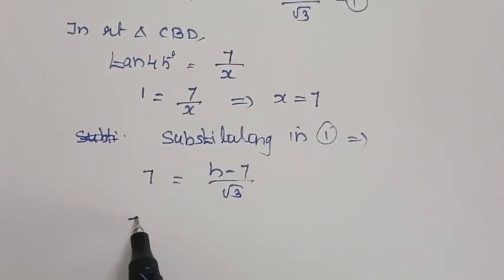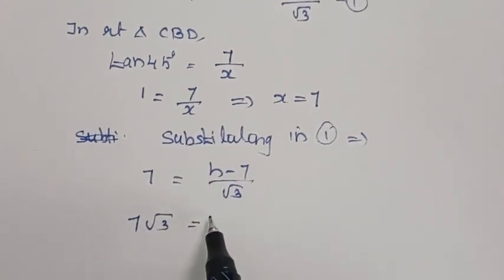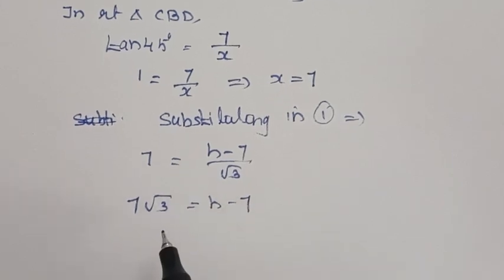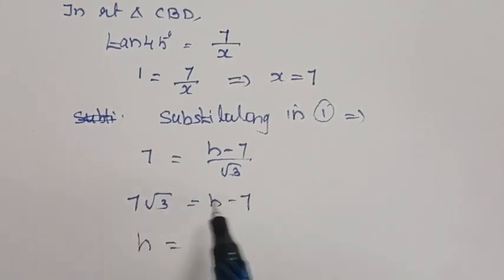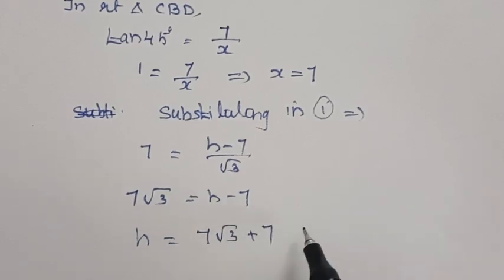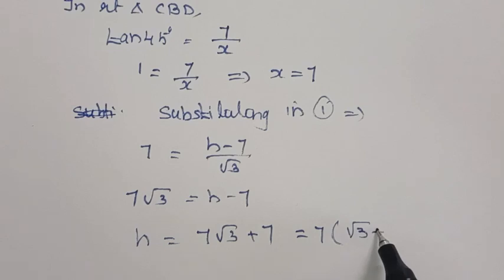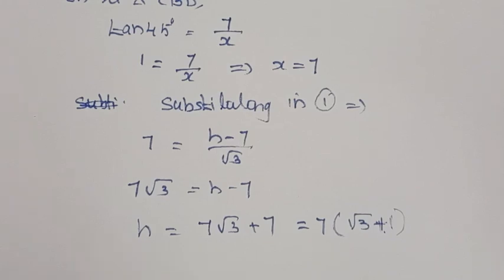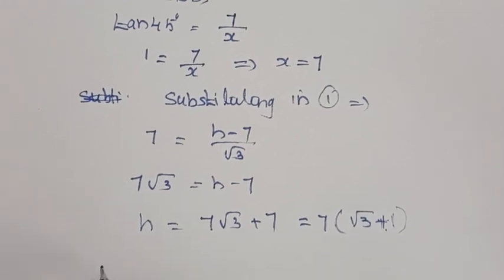Cross multiplying, 7 root 3 equal to h minus 7. Therefore, h equal to, we can take 7 to this side, 7 root 3 plus 7. Take 7 as common factor, 7 into root 3 plus 1. That is height of the cable tower that we have to find.